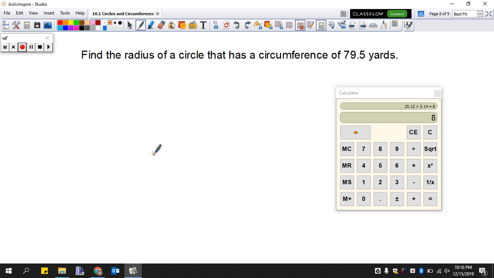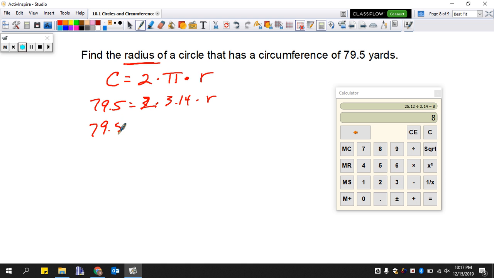Find the radius of a circle that has a circumference of 79.5. Because we're given the radius, we say circumference is equal to 2 times pi times the radius. So 79.5 is equal to 2 times 3.14 times the radius.